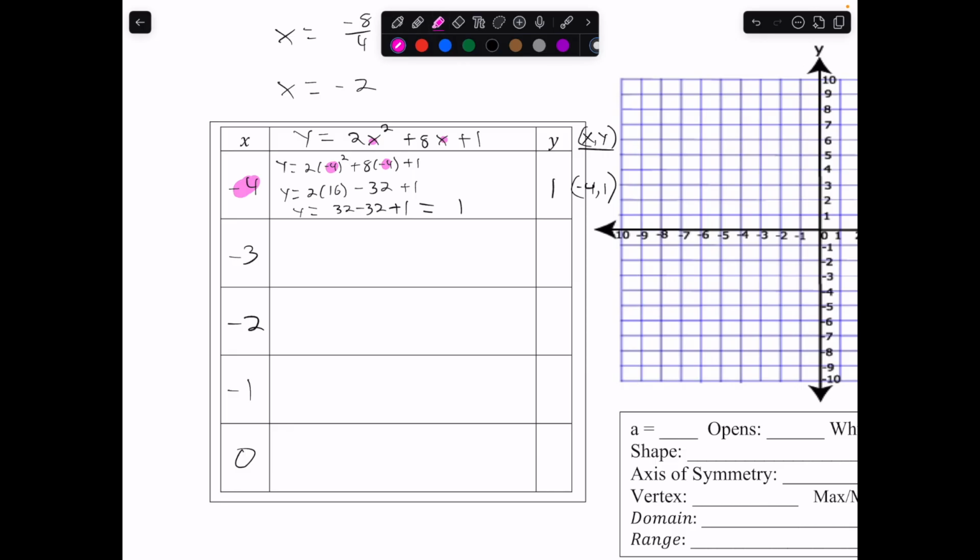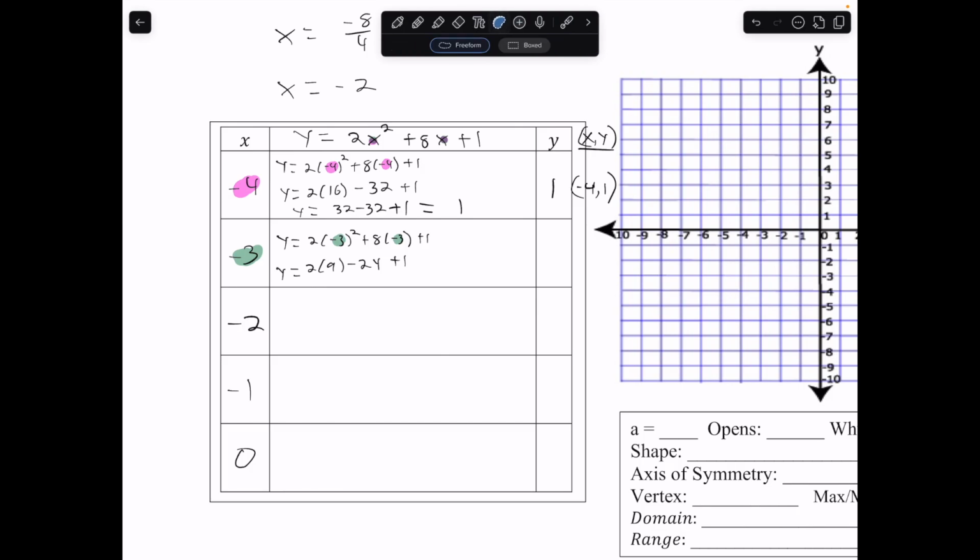Okay, next we're going to plug in negative 3. Same idea, wherever we see an x. So y is equal to 2 times negative 3 squared plus 8 times negative 3 plus 1. Okay, so y is equal to 2 times 9 minus 24 plus 1.